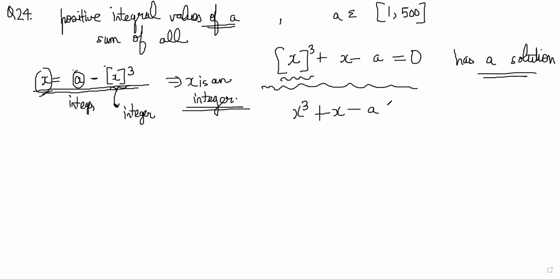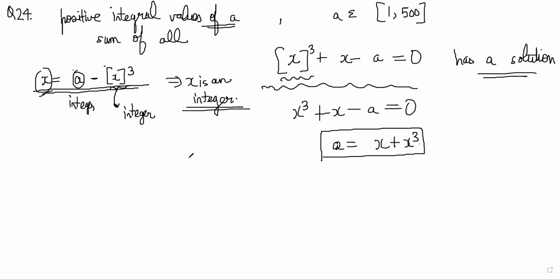So it can go from 1 to 7. So A is equal to X plus X cube, where X can go from 1 to 7, correct? So A values are such that X can go from 1 to 7, and just add up all the A values.